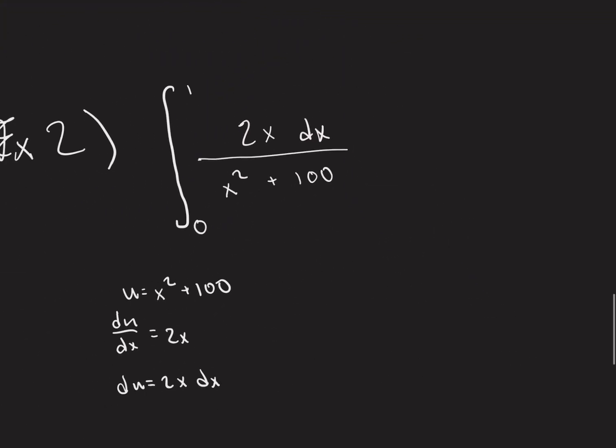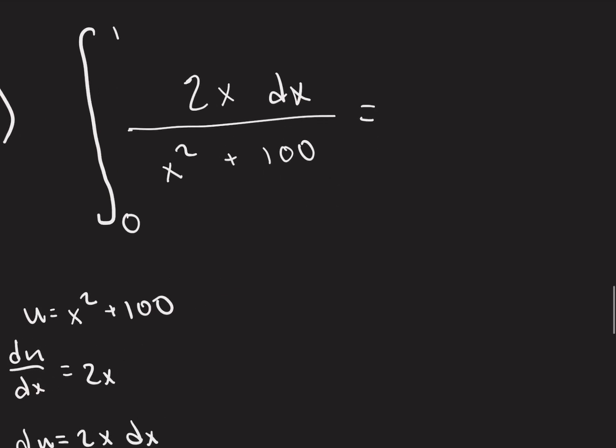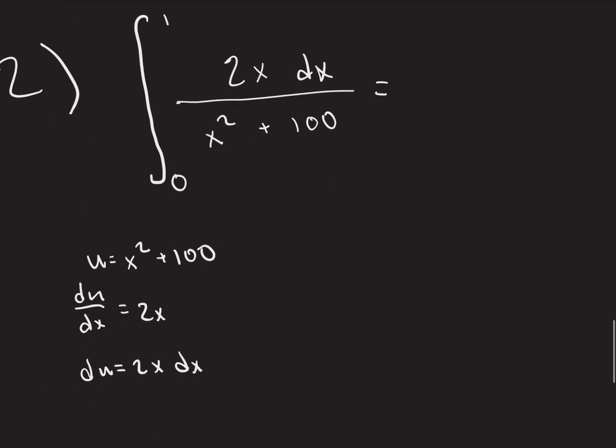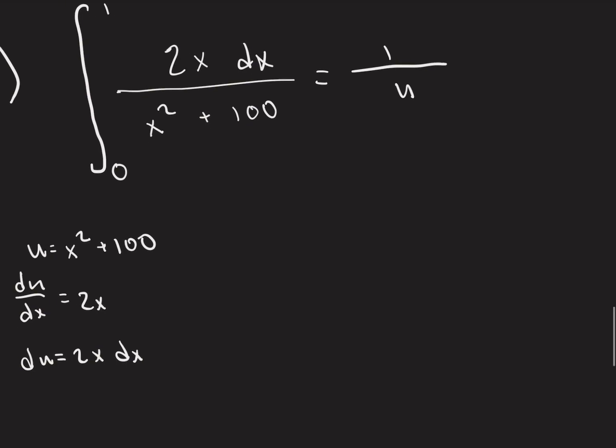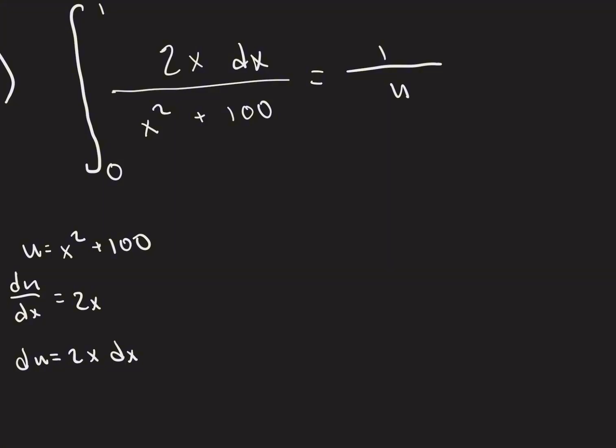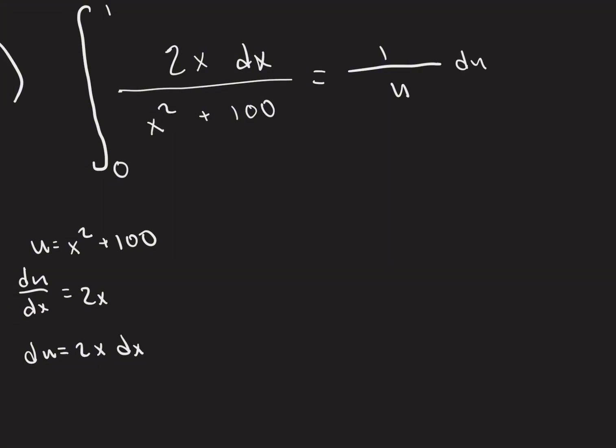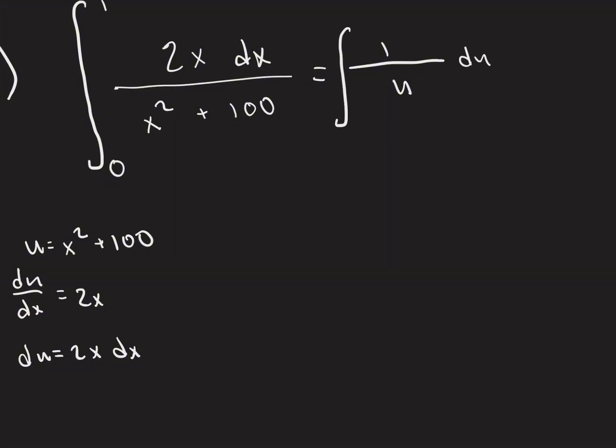So now you just, like the name entails, substitute it in, u sub. This will equal the integral of 1 divided by u du. That's your new integral.